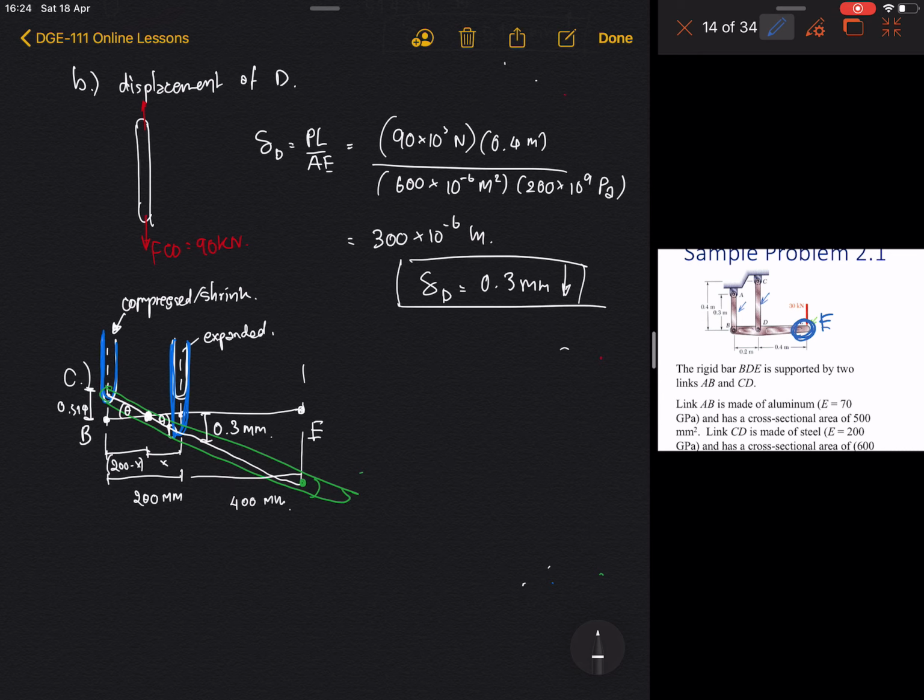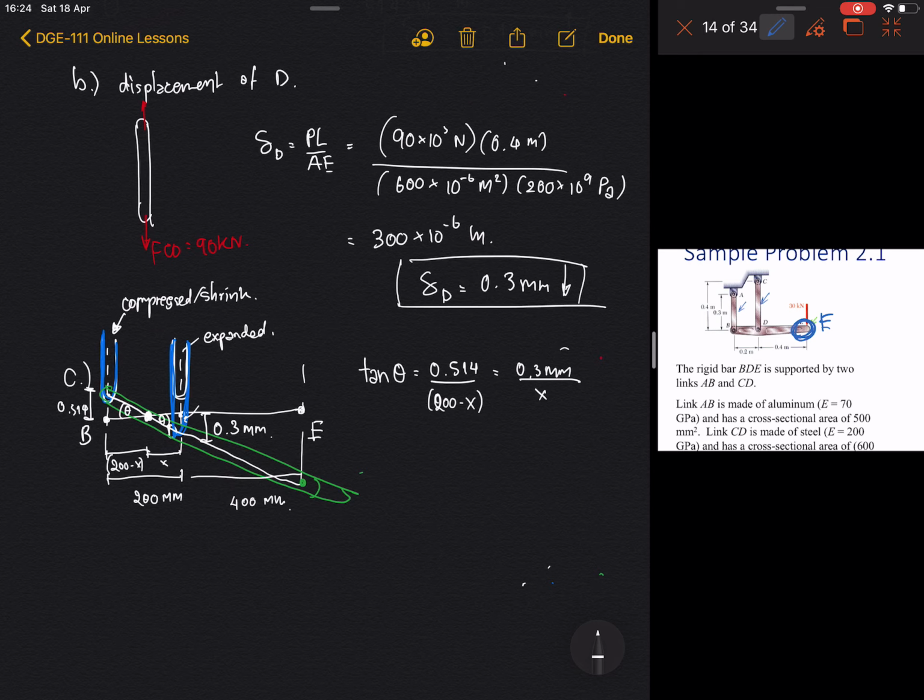You use the formula tan theta equal to 0.514 over 200 minus x. And we use the same formula here. Because those angles are equal, tan theta is also equal to 0.3 millimeters over x.